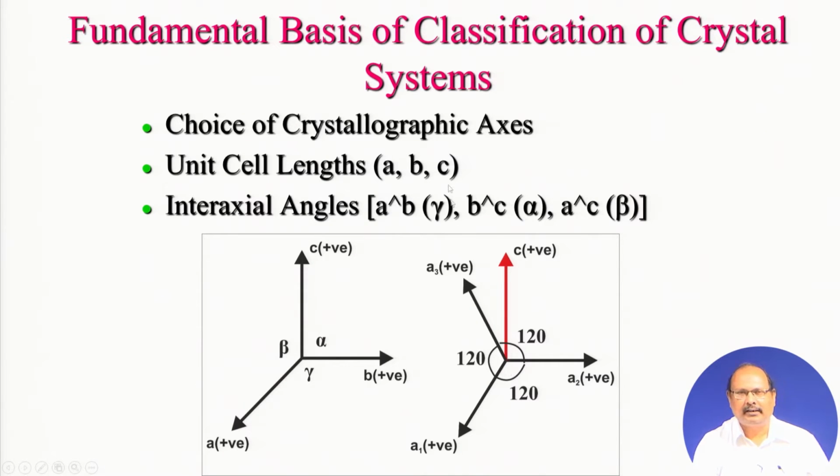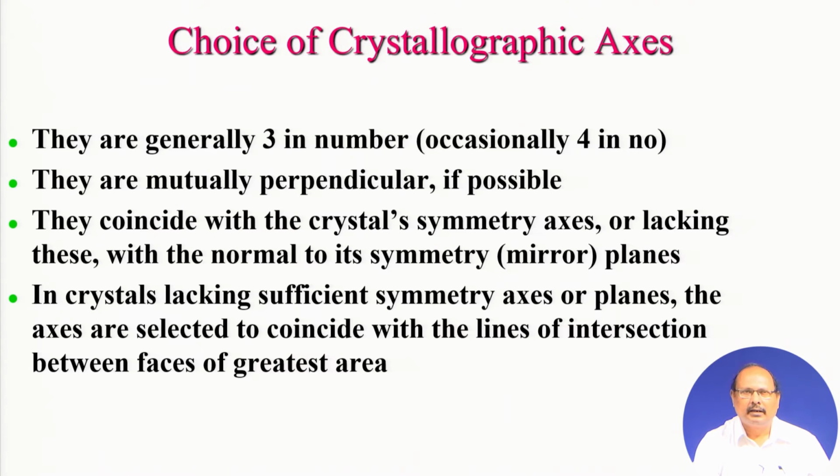With this basic understanding, let us study in some more detail what a crystallographic axis is. Generally, as I have told you, they are 3 in number, occasionally 4, as we have seen in minerals belonging to the trigonal and hexagonal crystal systems. They are mutually perpendicular if possible.